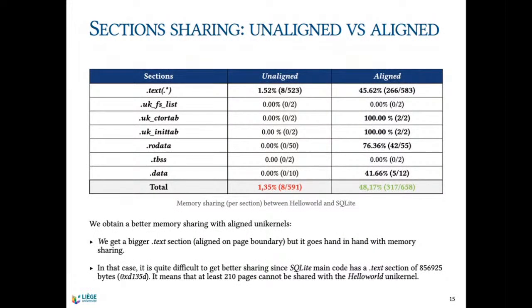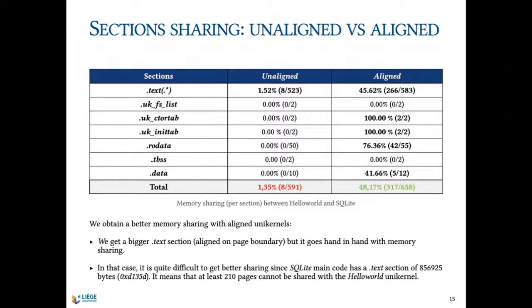So now let's compare the memory sharing between unaligned and aligned unikernels. In this table, we can make two important observations. The first one concerns the memory sharing, and the second one concerns the inflation.